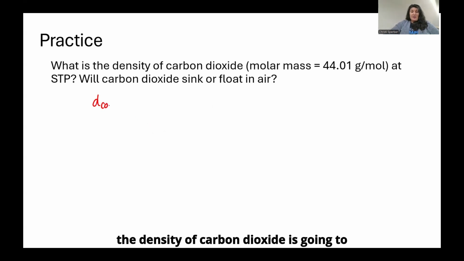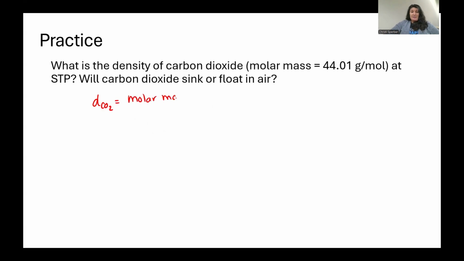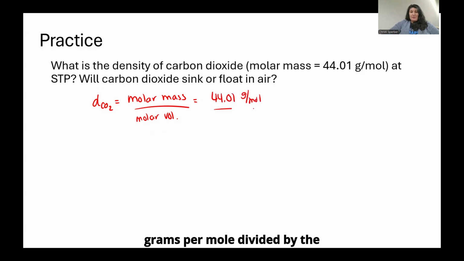The density of carbon dioxide is going to equal molar mass divided by molar volume. So the molar mass is 44.01 grams per mole divided by the molar volume, which is always 22.4 liters per mole at STP.